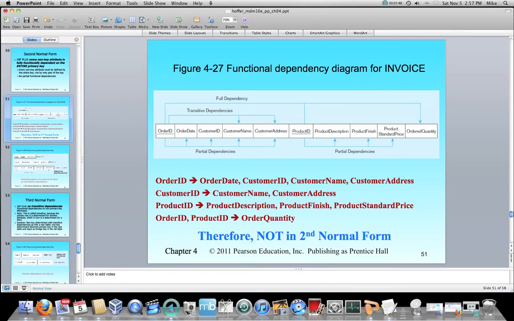So right there we've got order ID and customer ID going into transitive dependencies. We've got product ID, which functionally determines product description, product finish, and product standard price. And then we've got the full dependency between the combination of order ID and product ID to order quantity.